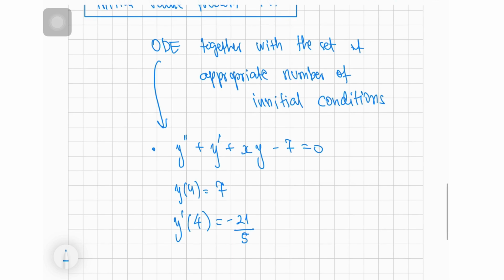Now all this together, the conditions on the solution together with the ODE, represents the initial value problem. So this is an initial value problem, IVP.